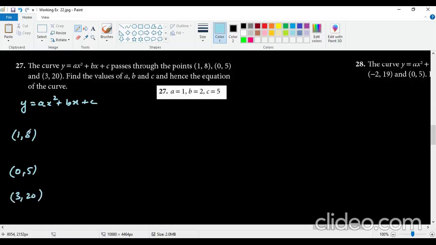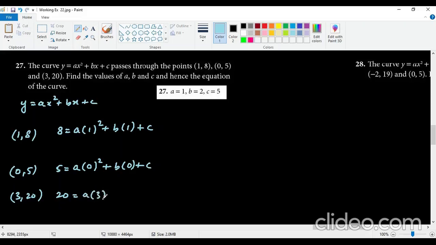At all these three points, we are assuming the value of y. So it is going to be 8 equals a, 1 square plus b, again 1, plus c. Second one is going to be 5 equals a 0 square plus b 0 plus c. Third one is going to be 20 equals a 3 square plus b 3 plus c.